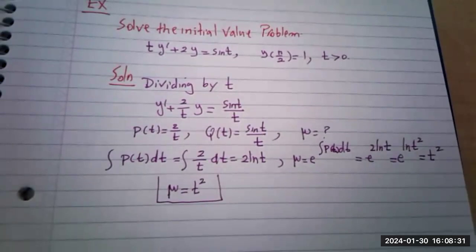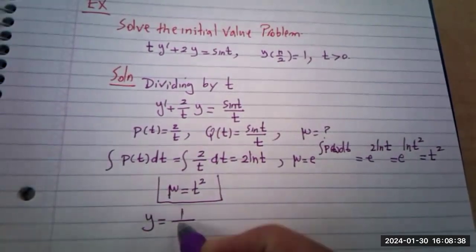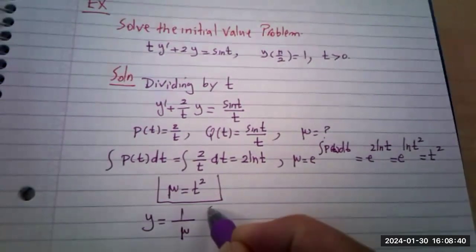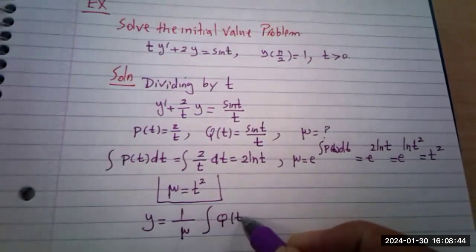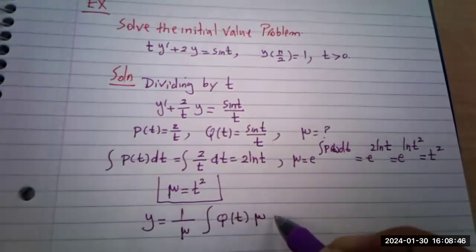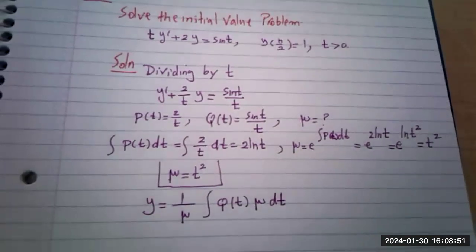Okay. Now go with the formula and get it. The formula, remember, the solution is y equal to 1 over mu times the integral of, in this case, q times mu. It's going to be q of t mu dt. Substitute, integrate.